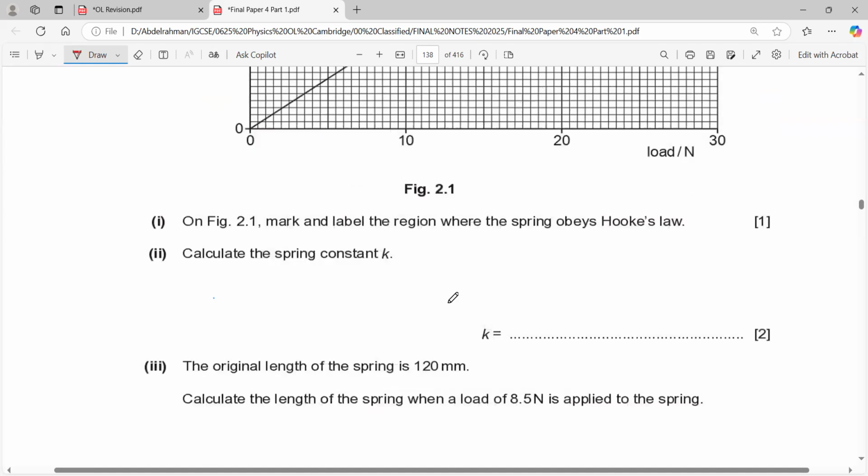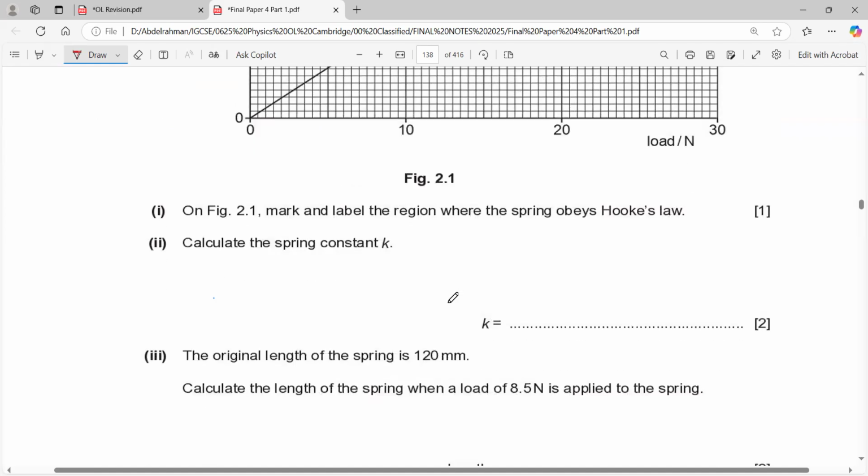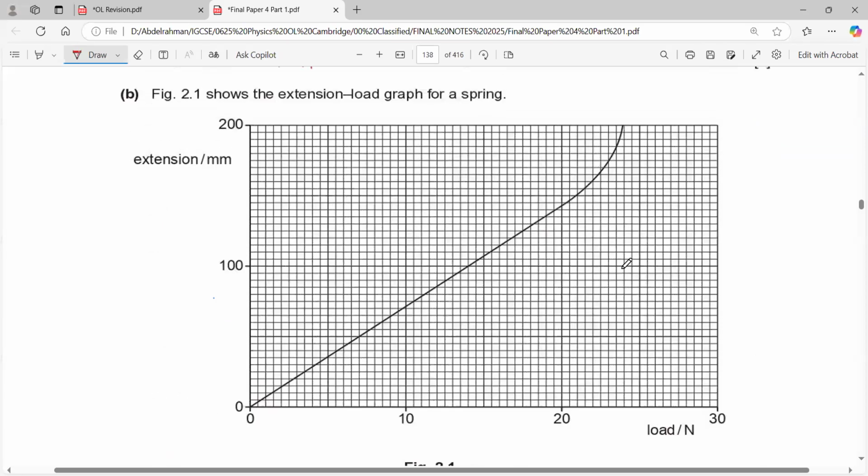جميل. Next question. Mark and label the region where the spring obeys Hooke's law. Up to which point does it obey Hooke's law? 20 maybe. It's a bit after 20. Around maybe 21.